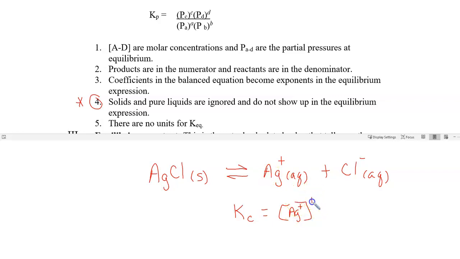It would be raised to the first power, and multiplied by the chloride ion raised to the first power, and it wouldn't have a bottom, or you could put it over 1, and anything over 1 is just going to become itself. So if it's a solid, it's not going to be over anything. We'll learn soon, next week I think, that this is known as the Ksp, solubility product.